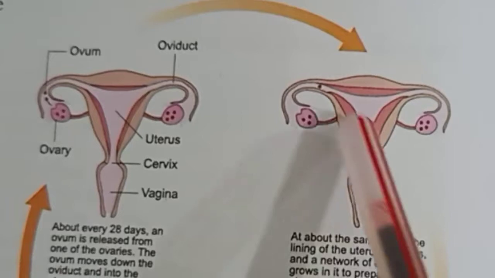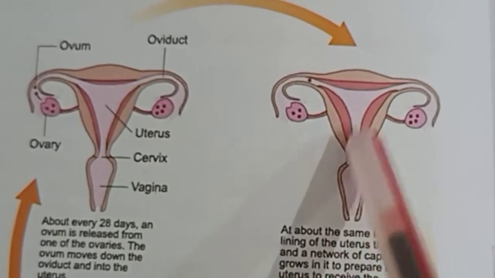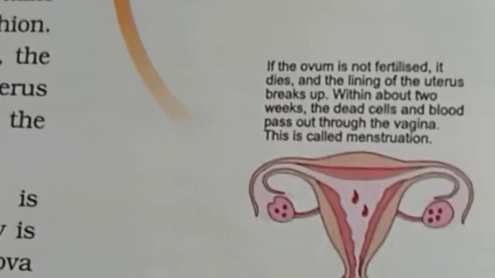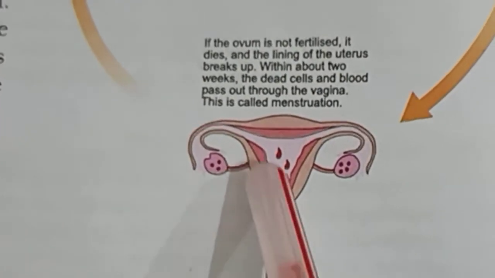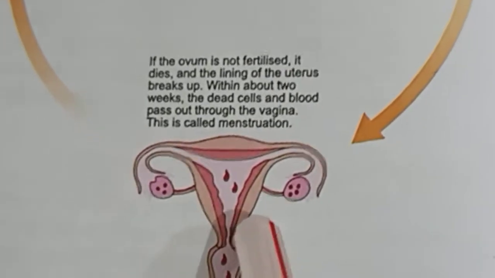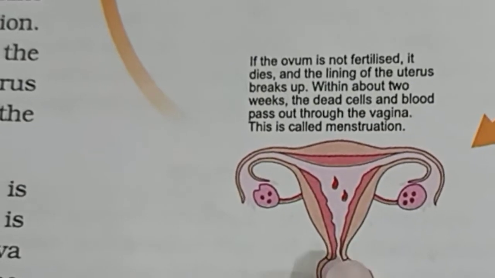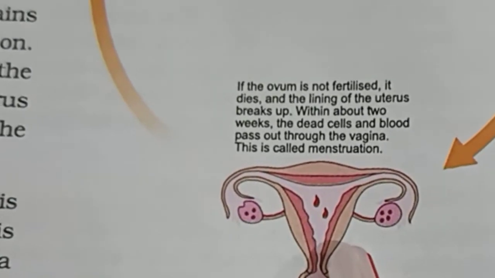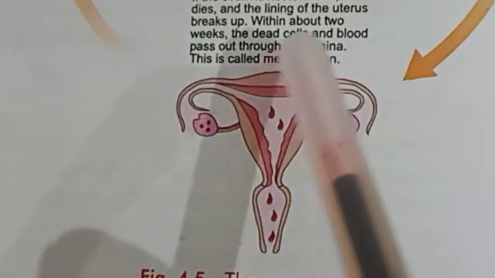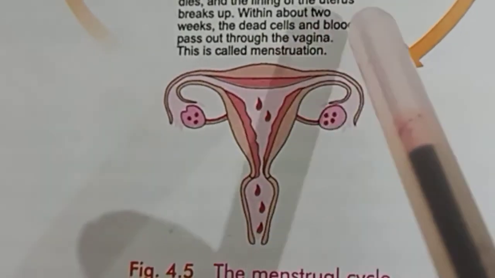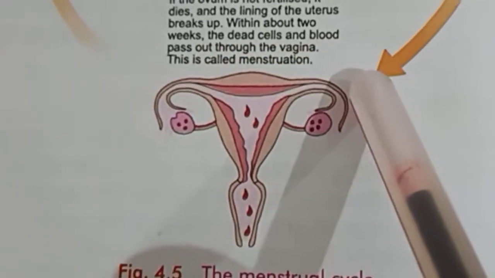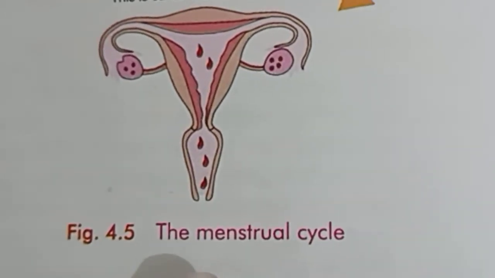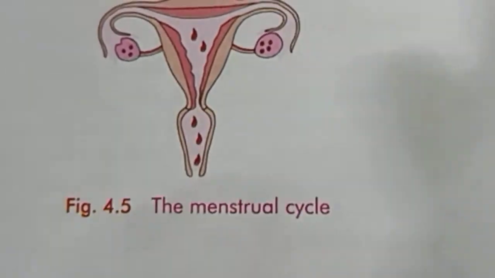But suppose this egg does not receive the sperm. Then these blood vessels, this cushion, the soft inner lining, are no more required, so it will rupture all by itself. Within about 2 weeks, the dead cells and the blood pass out through the vagina, and this is known as menstruation, or we call this the menstrual cycle.